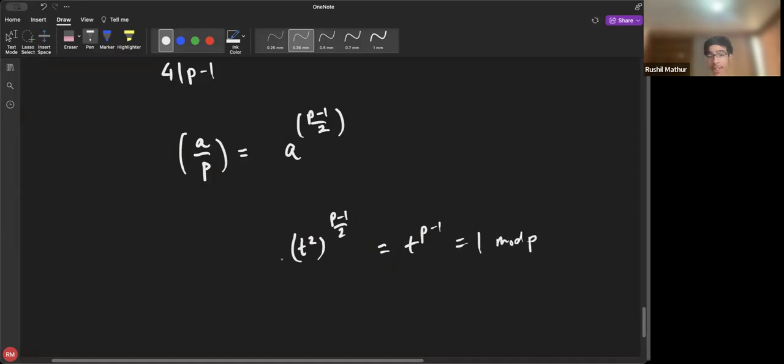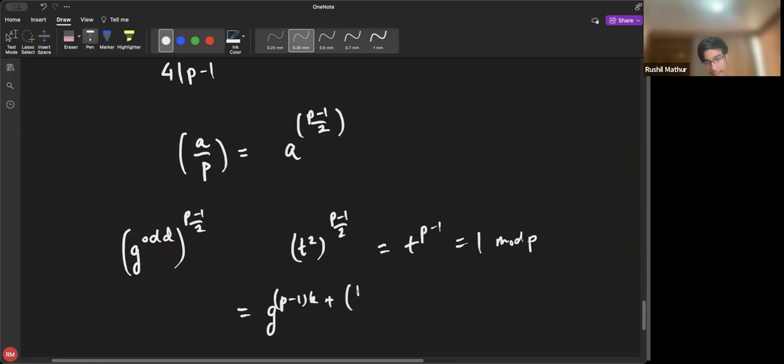On the other hand, if it wasn't a QR, then you would end up with, okay, maybe then I'll have to talk in terms of primitive roots. Then you'll have g to the odd to the p minus 1 over 2, which will turn out to be something like g to the p minus 1 into k plus p minus 1 over 2, because you can think of this odd as 2k plus 1.